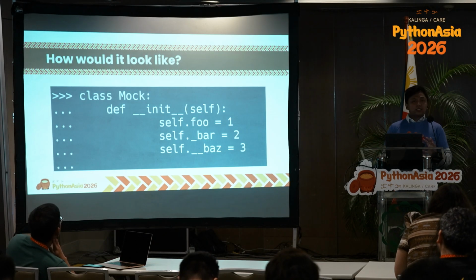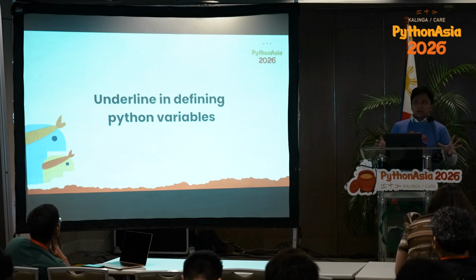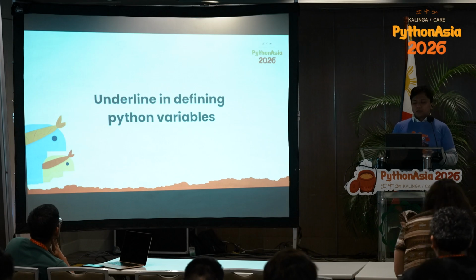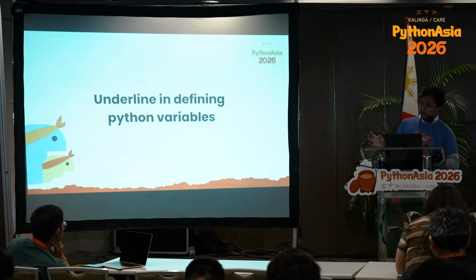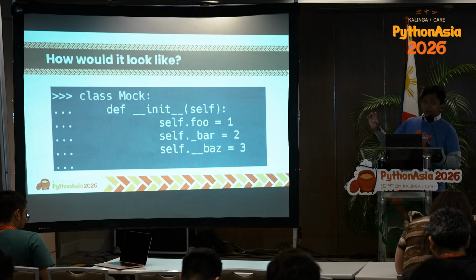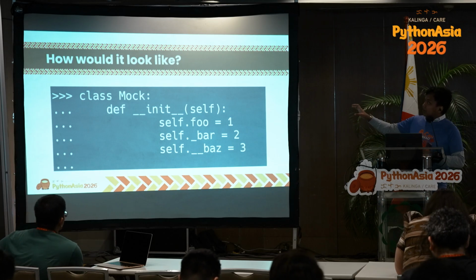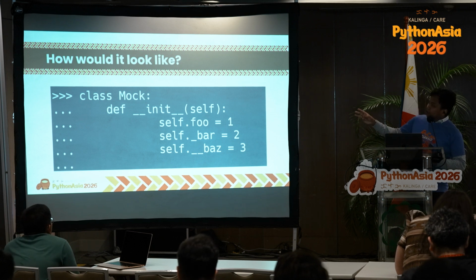So next, this is the one part that if you're using Java, it might remind you of some concepts. Here, we will be doing definition of variables, specifically class variables and instance variables, since it's an init. So here we have 3 definitions.